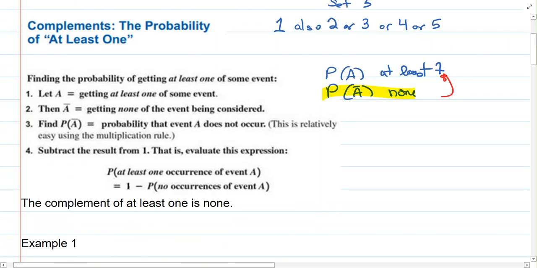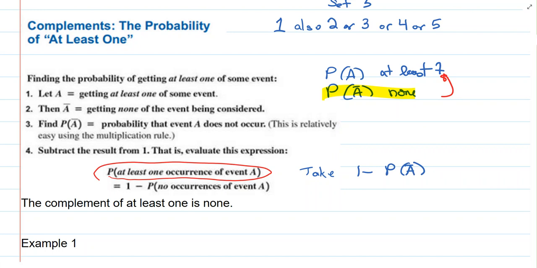So we say if we want at least one, then what we do is take one minus the probability of not having that event occur. That means that it will accumulate all of the probabilities of those other conditions. And this makes it very easy to calculate.